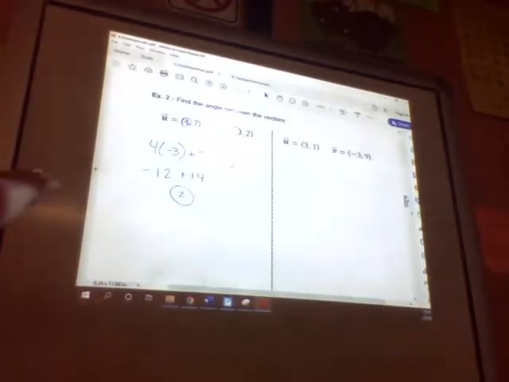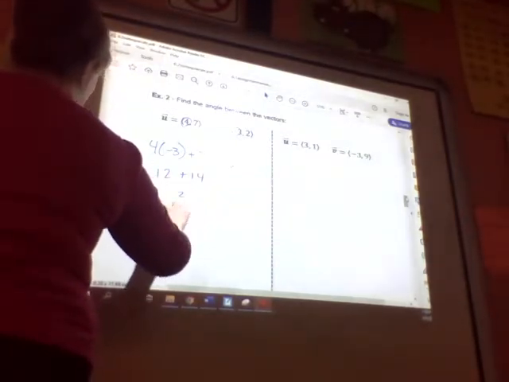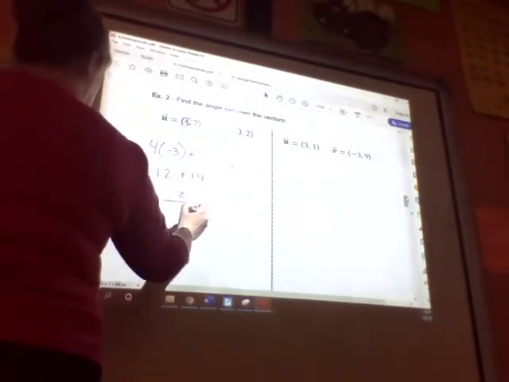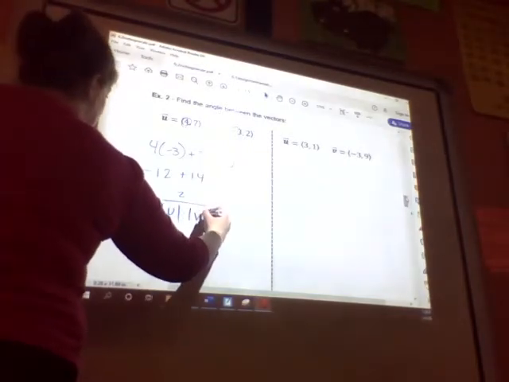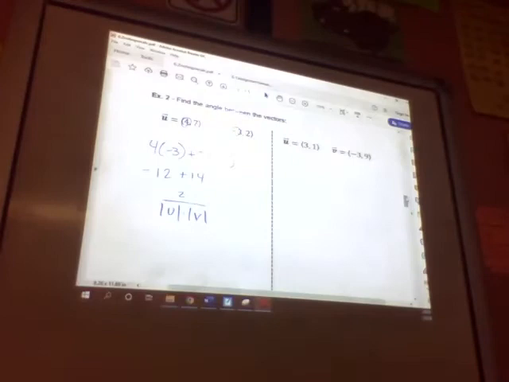But the formula says that you need to do the dot product and divide it by the magnitudes multiplied. So I need the magnitude of u and the magnitude of v. And how do we find the magnitude of a component form vector? We do have a formula, and it's very exciting.